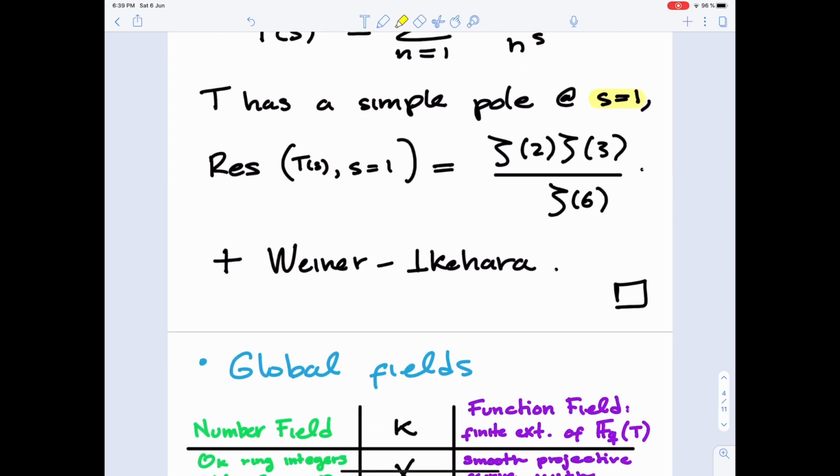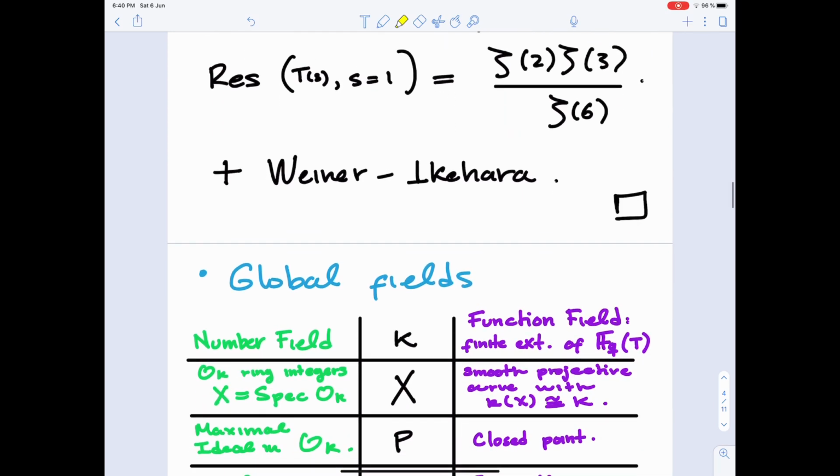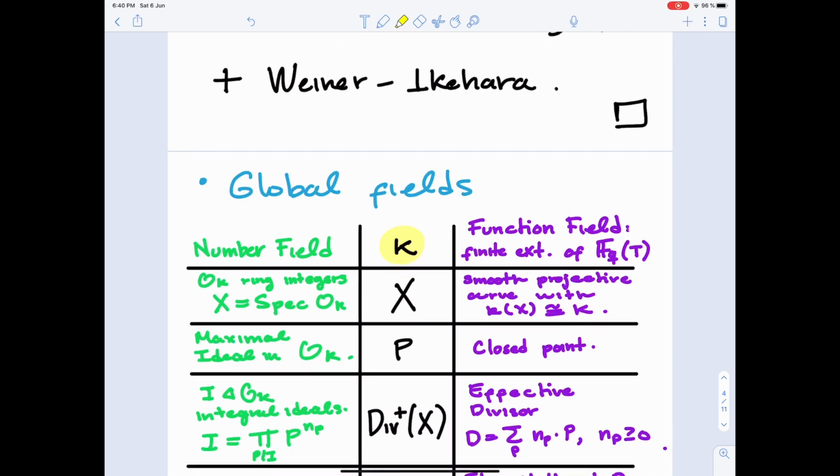After the summer school, you're probably all experts in global fields. Let me just say some things to fix notation. I'm going to denote by K a global field. This is either a number field or a function field, so a finite extension of F_q(t).